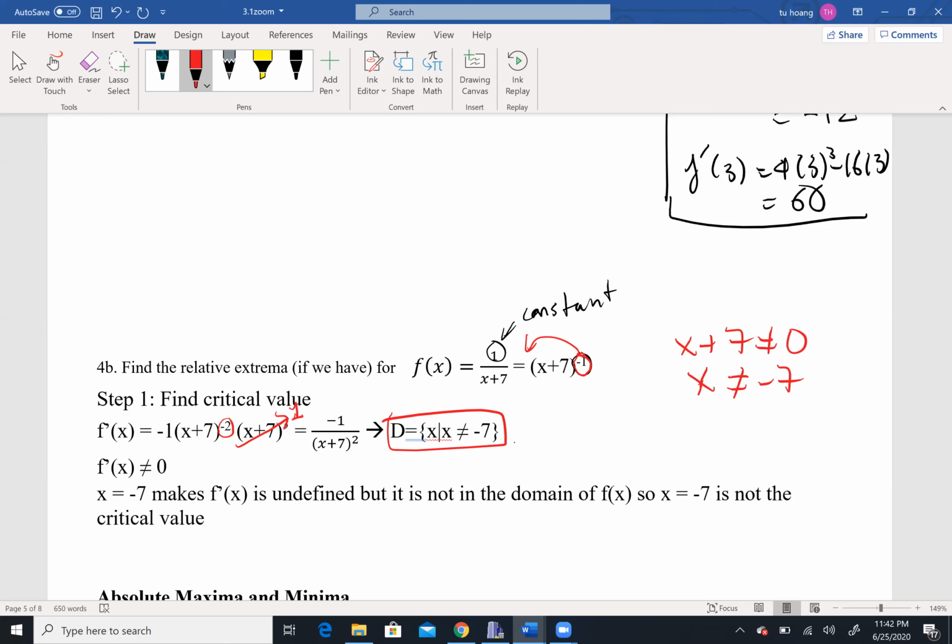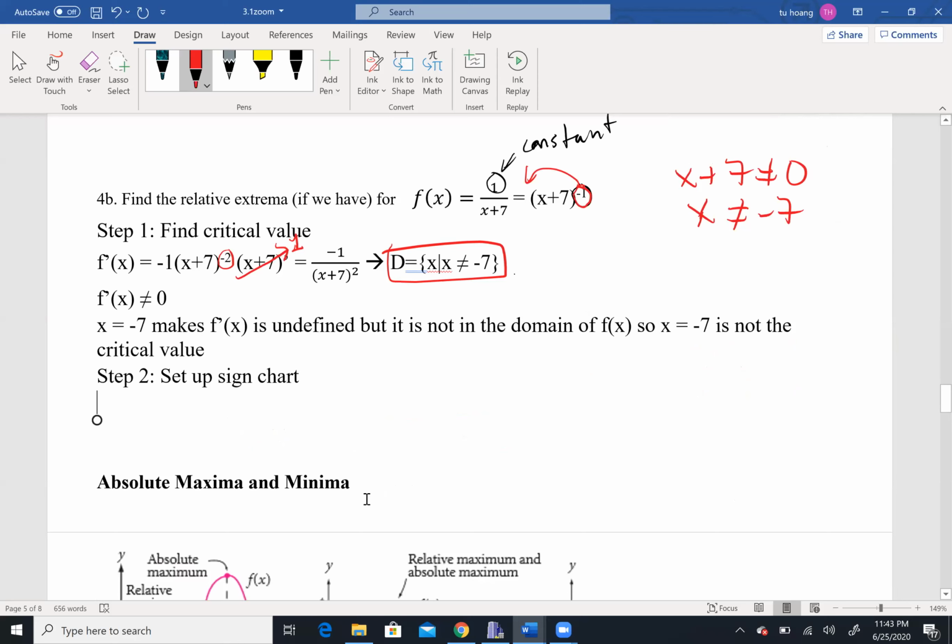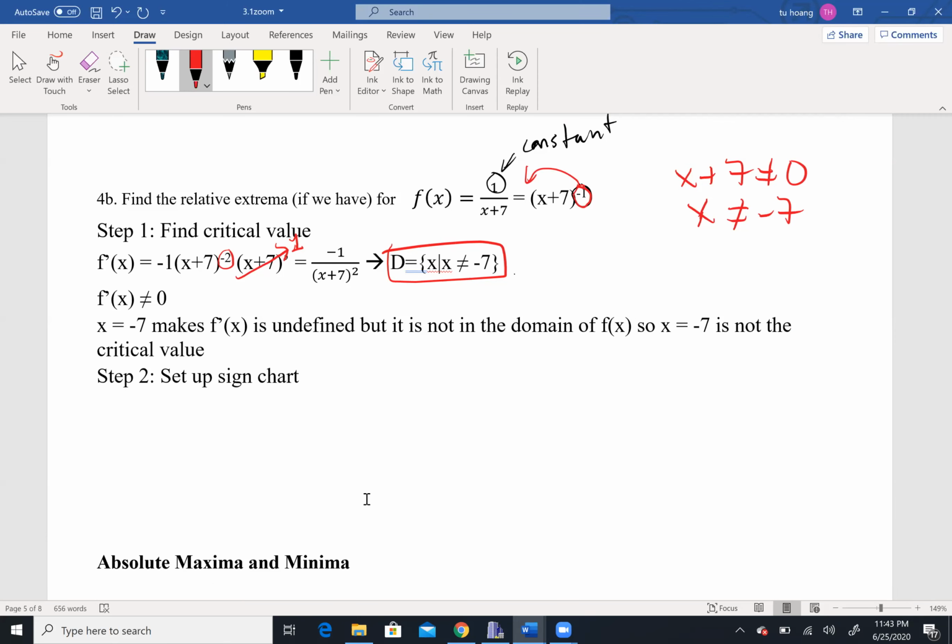Okay, so step 2, set up the sign chart. So in this case, you still have to draw the number line, right?